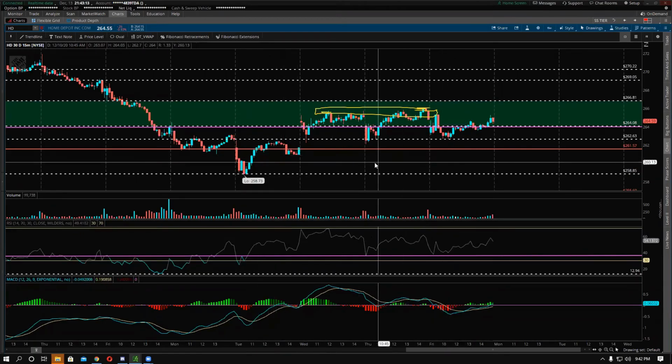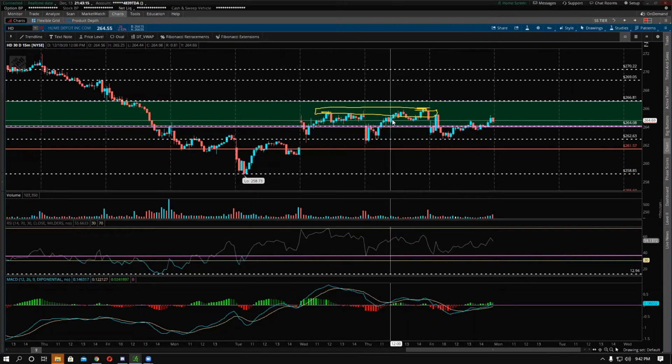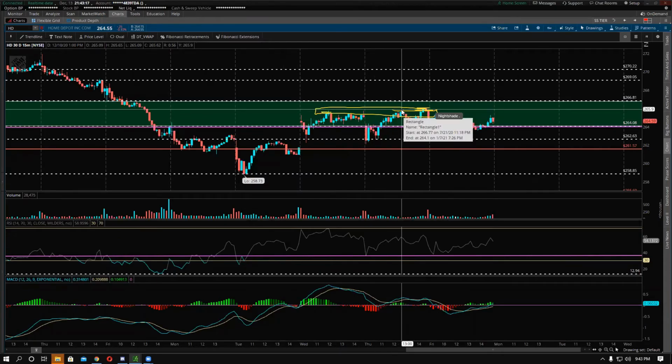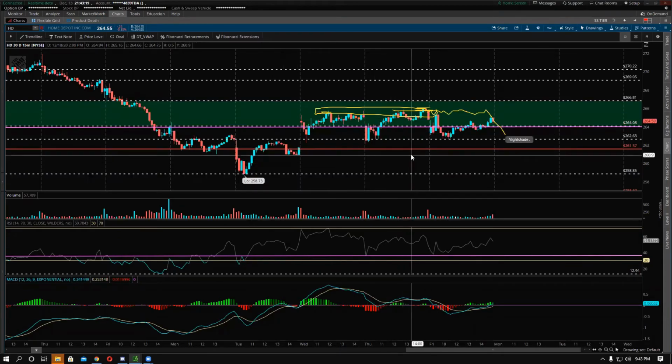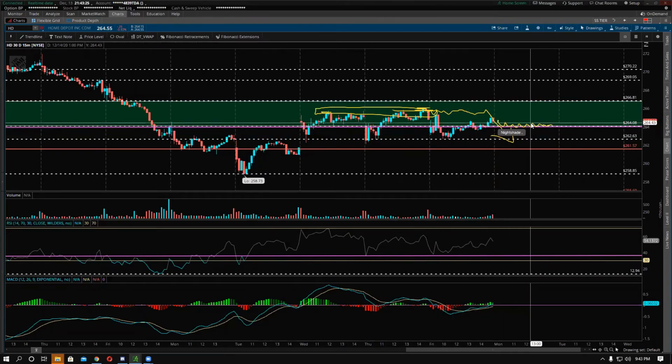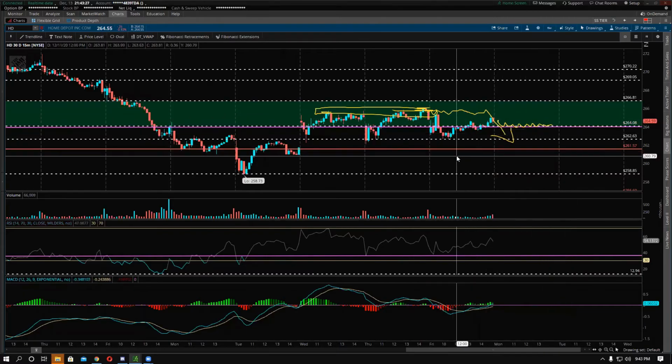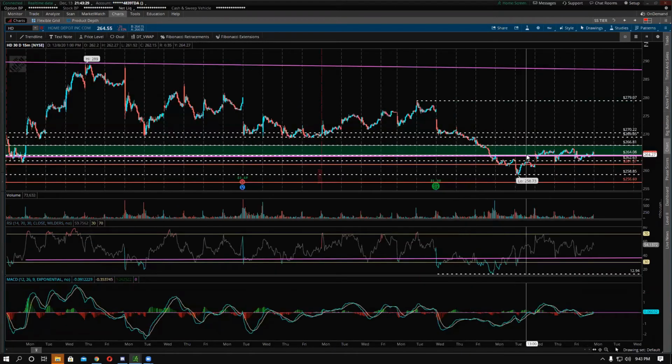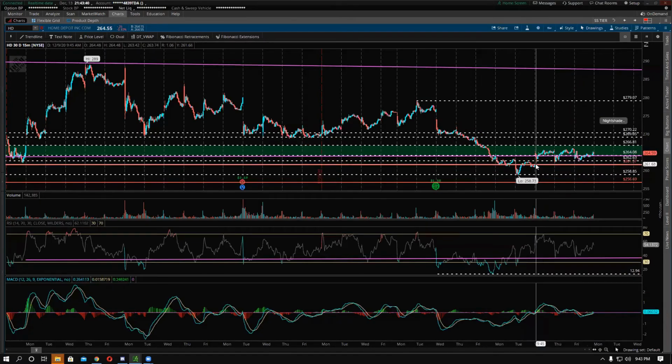Personally, I might not go long until I pass the tops of these candles, because anything here is at risk of just getting dumped on again, right? But if HD holds the 264 level in the morning, we're already set to start running. That's kind of like our foundation, right? Again, keep in mind that HD has had many price upgrades during that downtrend. So I'd be very surprised if we don't see a push back up to the 280s very soon, in the next week or two.